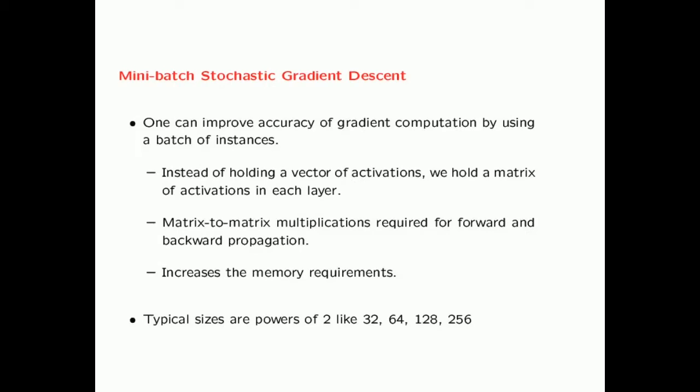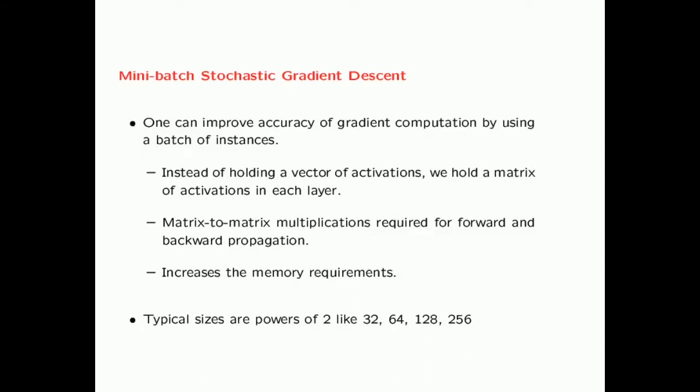One can improve the accuracy of gradient computation by generalizing this idea of sampling points. In stochastic gradient descent, we are sampling a single point. We can generalize this to sample a batch of instances. When you perform the forward propagation, you will do so over a batch of instances, and similarly you will perform a backward propagation over the whole batch.